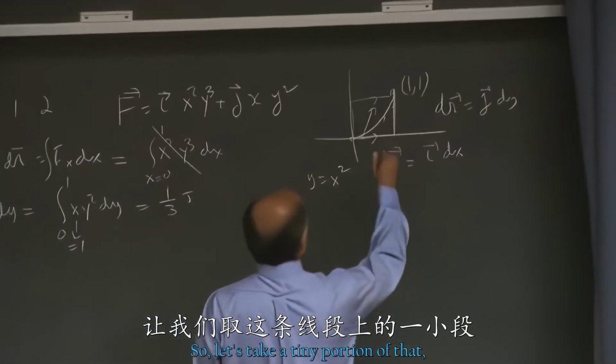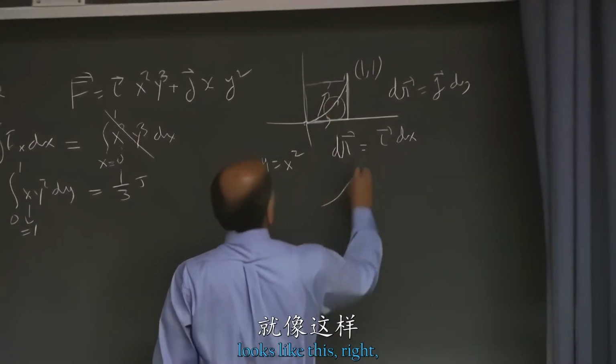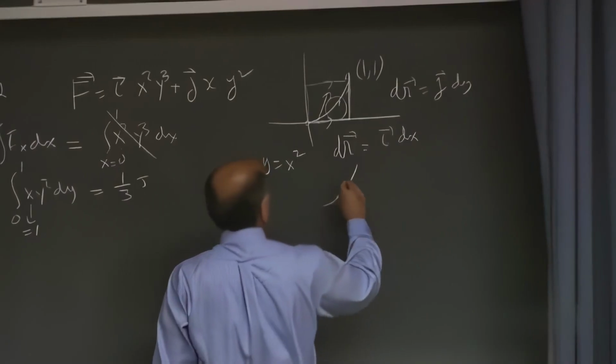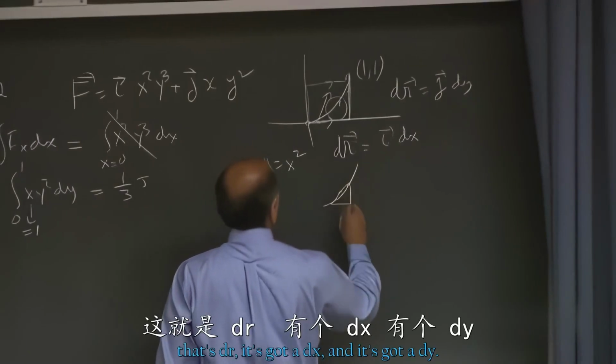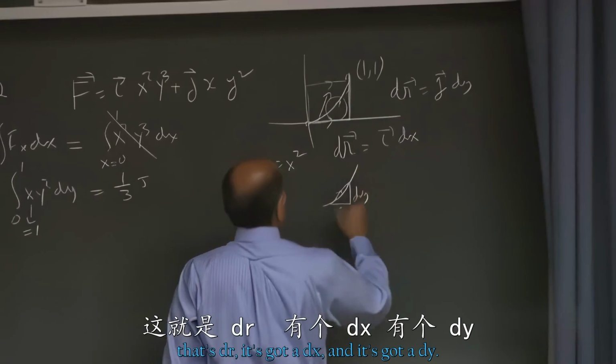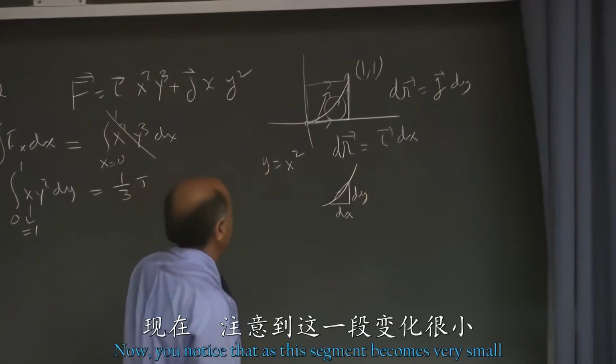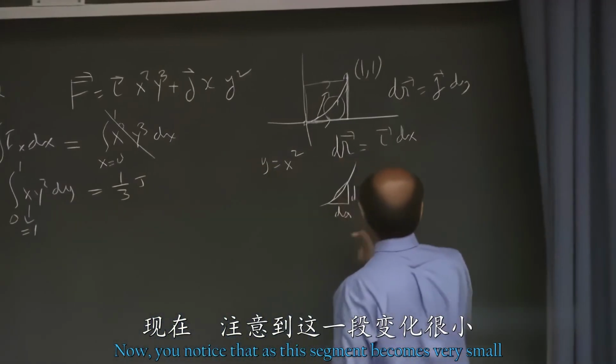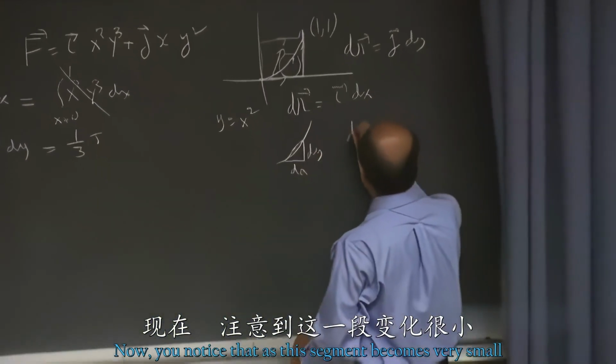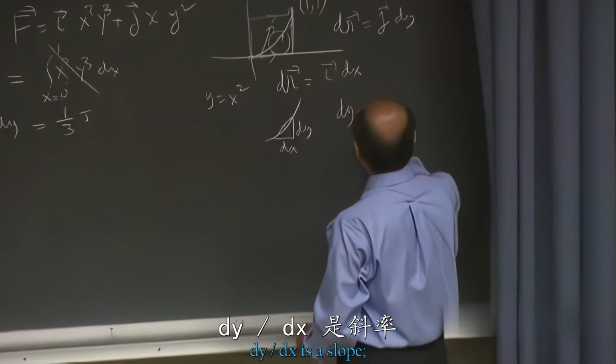So let's take a tiny portion of that. Looks like this, right? That's dr. It's got a dx and it's got a dy. Now, you notice that as this segment becomes very small, dy over dx is the slope.